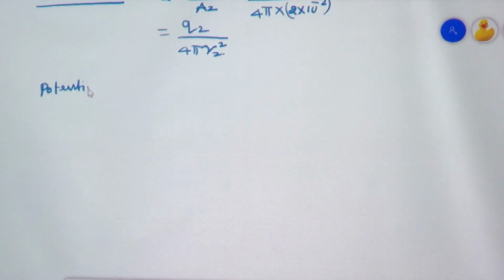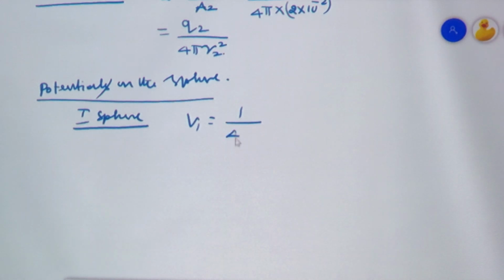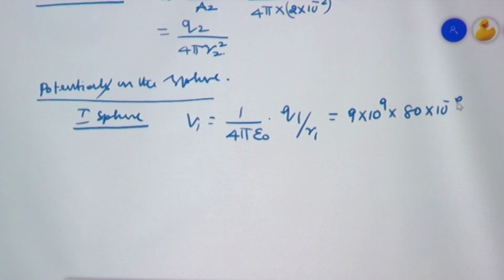Potential on the sphere. In the first sphere, let the potential be V1. Potential is given by the formula 1 divided by 4 pi epsilon 0 into Q1 divided by R1. So, direct substitution: 1 by 4 pi epsilon 0 is 9 into 10 to the power of 9, Q1 is 80 into 10 to the power of minus 9, divided by R1, which is 8 into 10 to the power of minus 2.